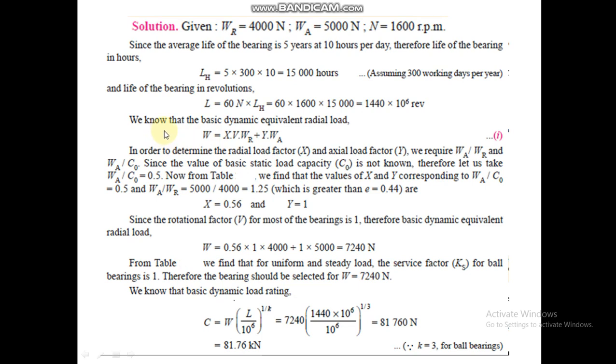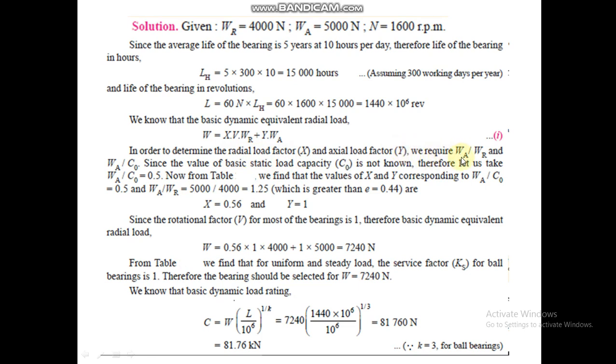Now we will apply the formula for basic dynamic equivalent radial load, W = X V WR + Y WA. The values of X and Y we will take from the table.